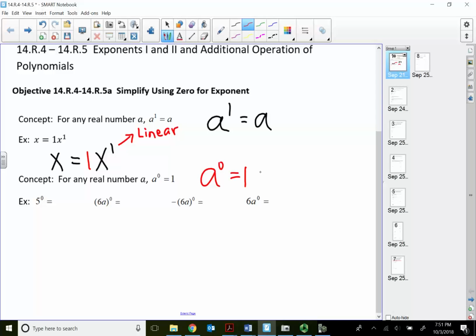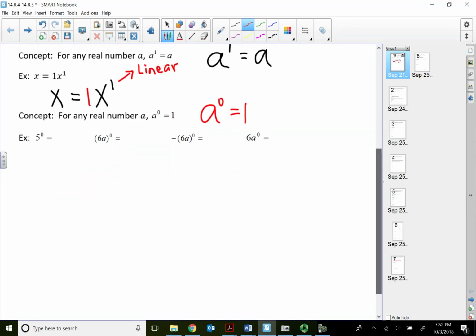Well, this is a set notation, basically created by mathematicians. Why is anything to the 0 power 1? It's a standard type of notation.